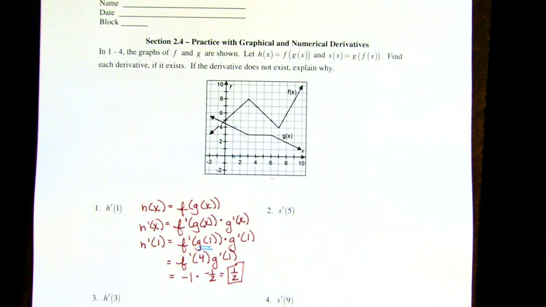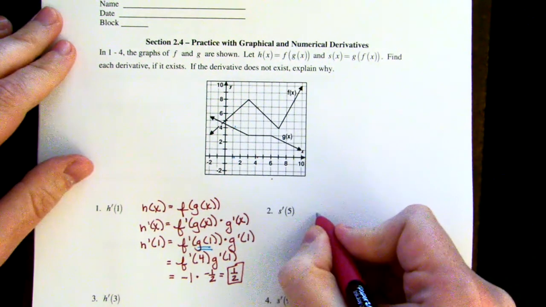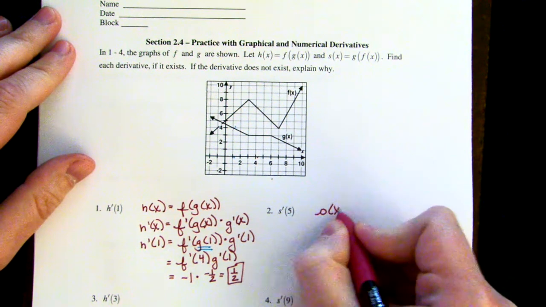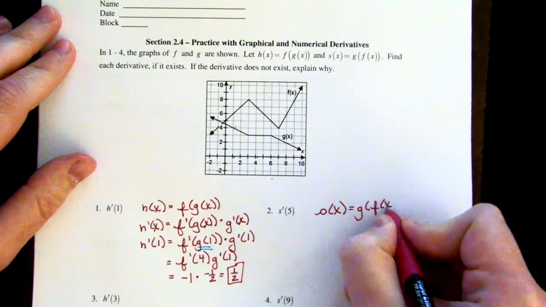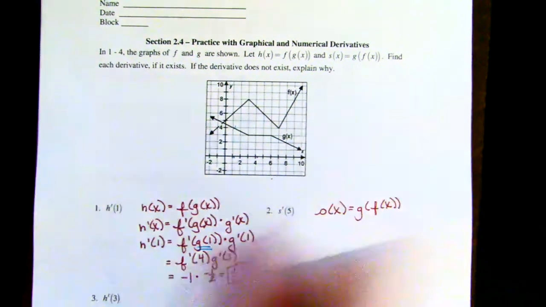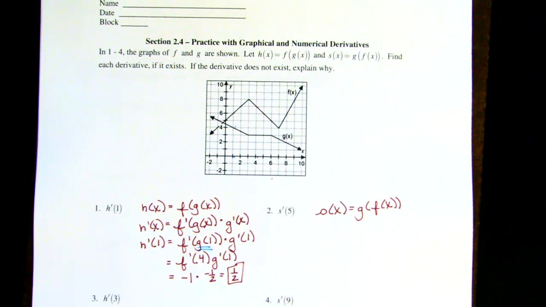Next, s prime of 5. Well, s of x, we were told on the top, is g of f of x. Take a moment and find your derivative.